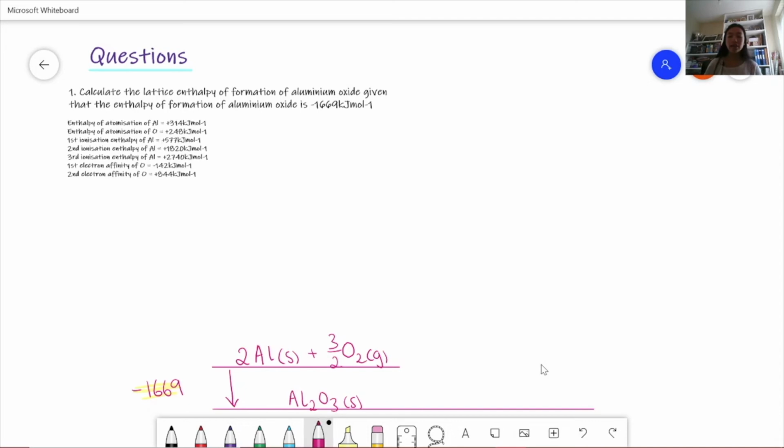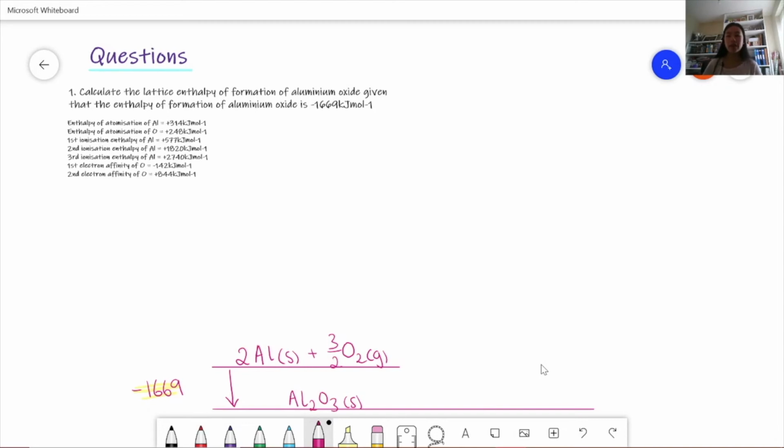And then the next thing I'll do is we're going to do all the endothermic reactions. So the atomization ones and the ionization enthalpy ones. So I'm going to start with the atomization of aluminium. When you get a bit more used to doing these kinds of questions, you can probably do more than one step at one time, but I'm just going to write them all out so it's really clear.